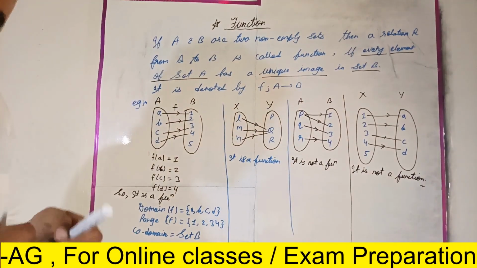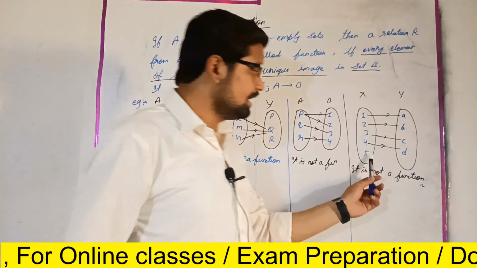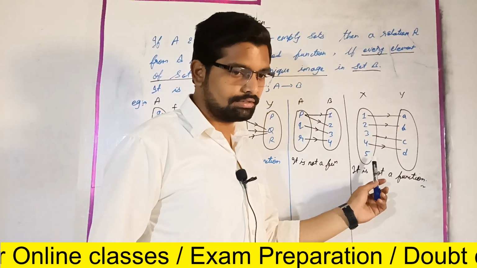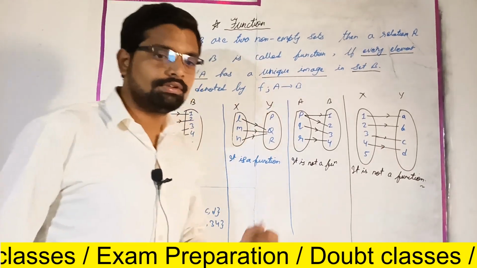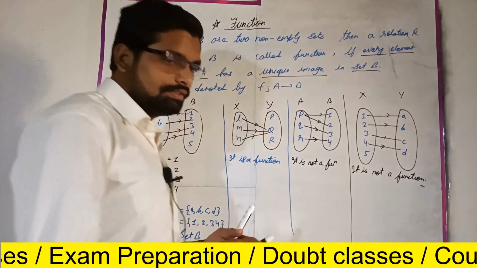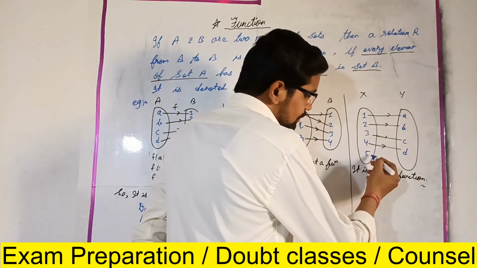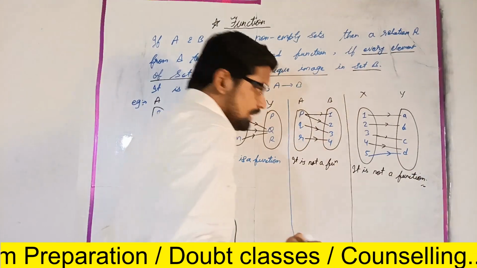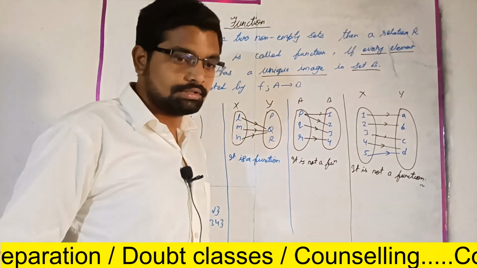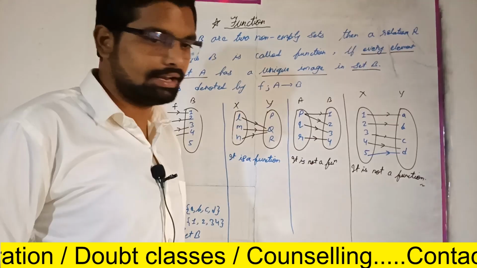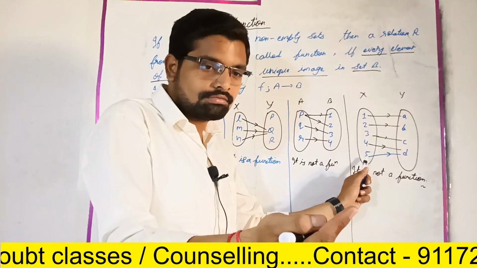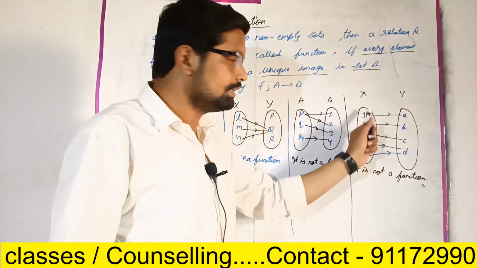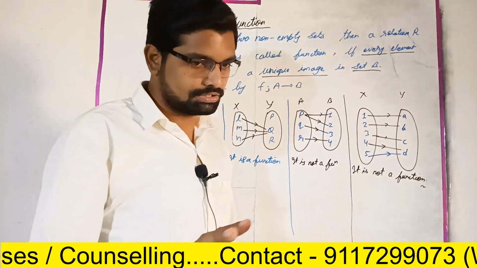Or any doubt? If the image for 5 is D, then will it be a function or not? If the image for 5 is D, then yes, it will be a function, because 4 has only one image, 5 also has one image, and all the others also have one image, right?